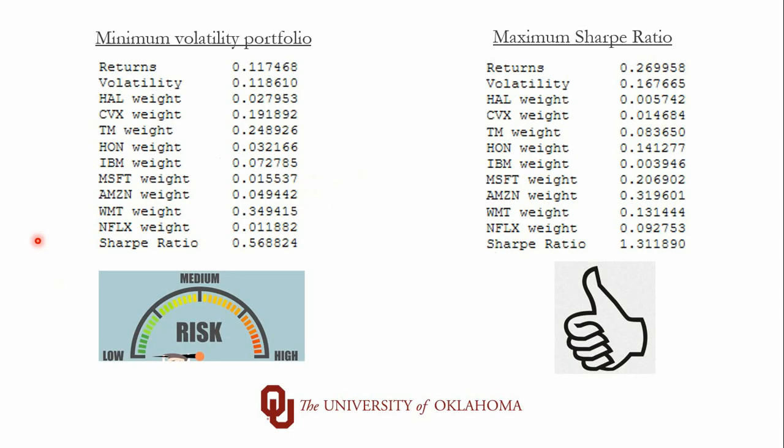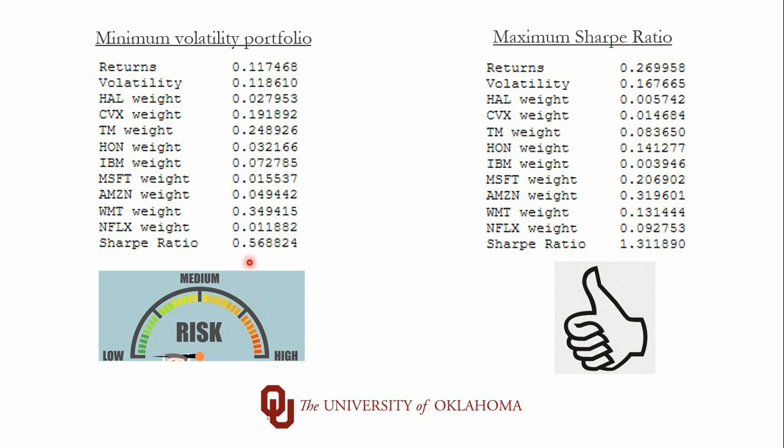On this slide, we can see in more detail the weights per stock, the expected returns, and the volatility and Sharpe ratio of the two mentioned portfolios, the one with the minimum volatility and the one with the maximum Sharpe ratio.